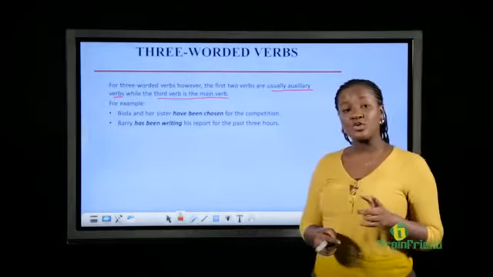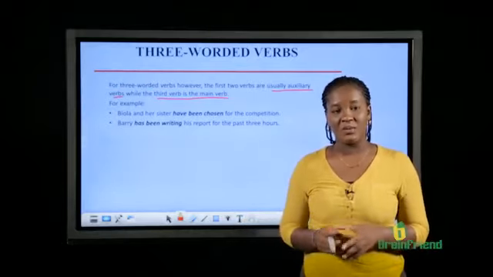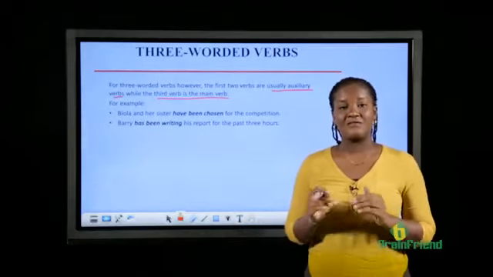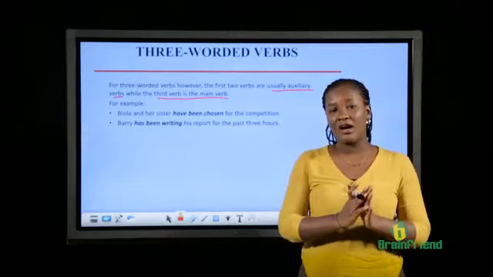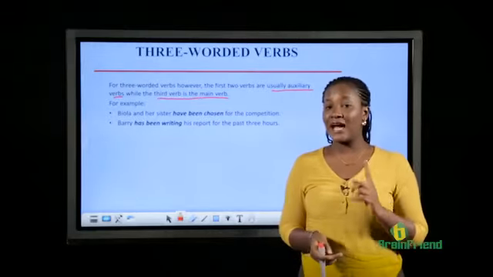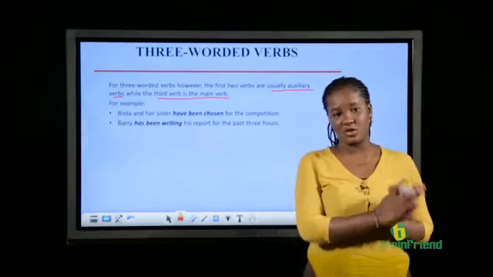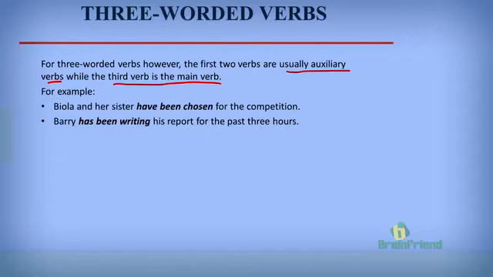And these verbs also occur after the subject of the sentence. Remember I said earlier that main verbs in sentences most times occur after the subject of that sentence, and only adverbs can separate the subject and the main verb. Now let's look at an example. Biola and her sister have been chosen for the competition.